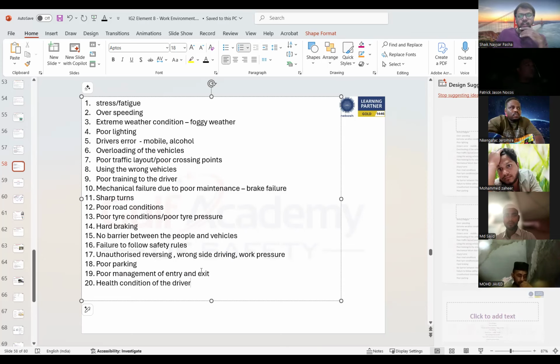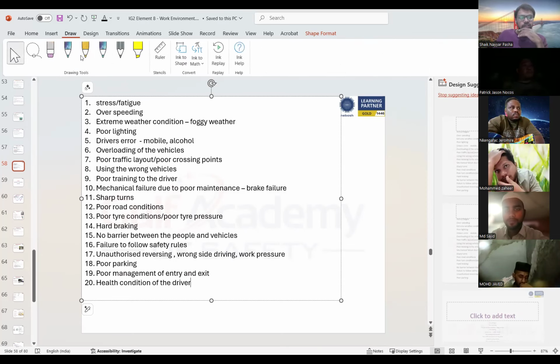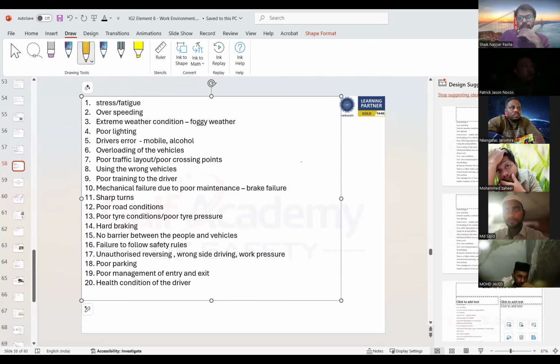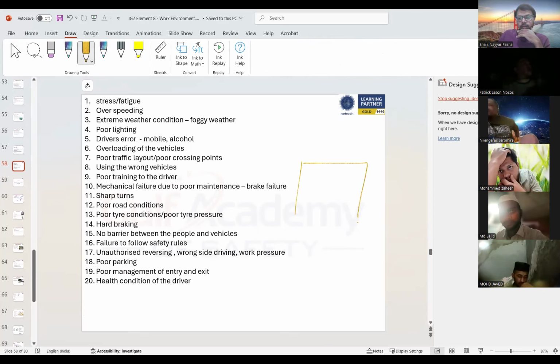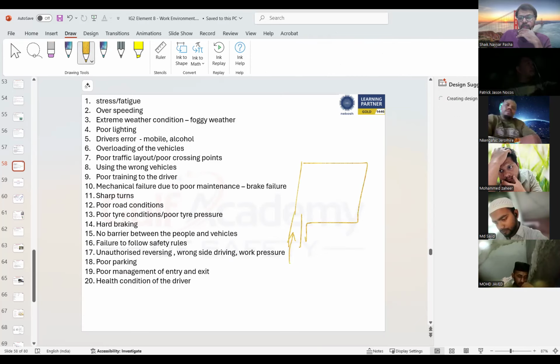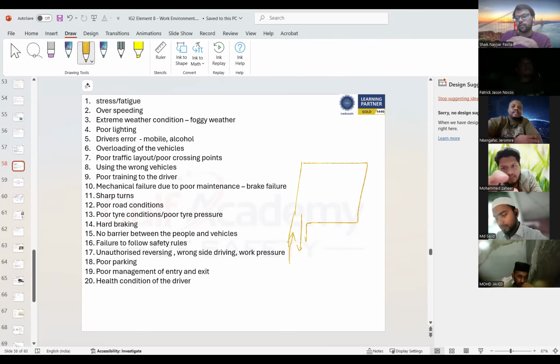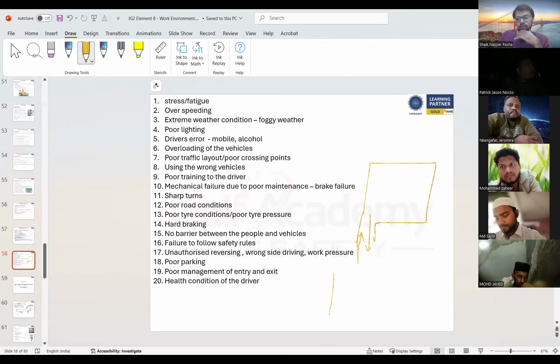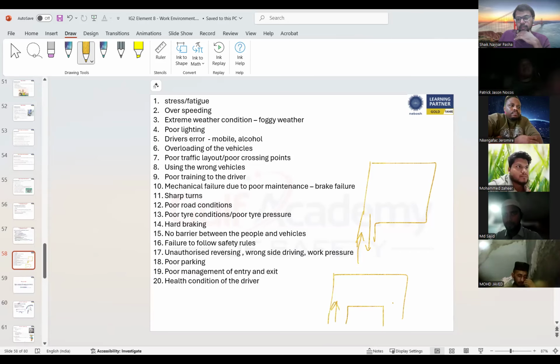Poor management of entry and exit means, for example, if there is a building and the entrance of this building is this, and this is for entry and this is for exit, will there be a higher risk of collision or low risk of collision? High risk. Same way, if you look at another building with a separate entry and separate exit, here the risk of collisions will be less, right?